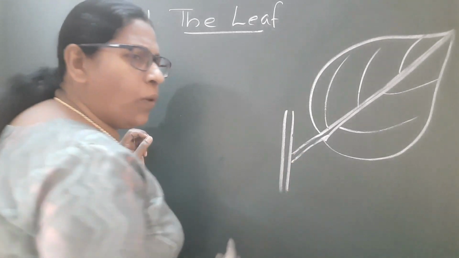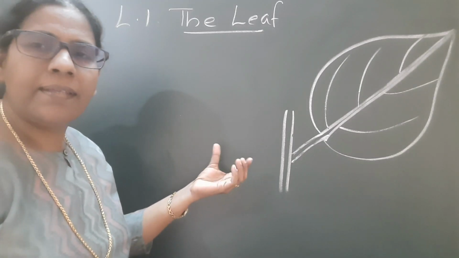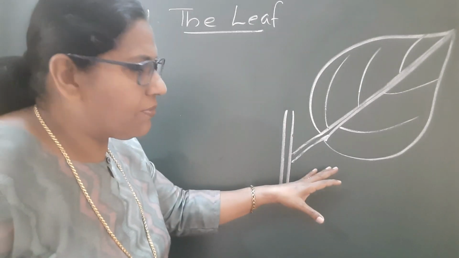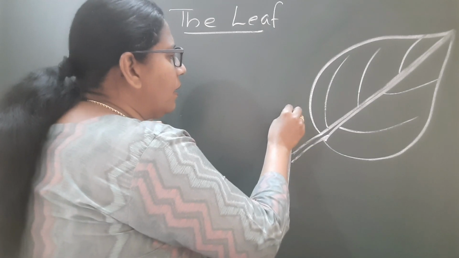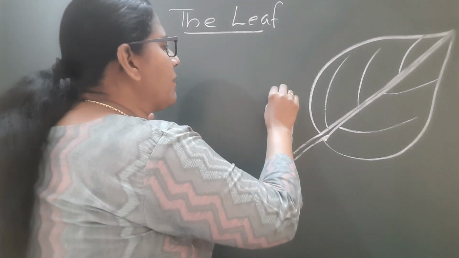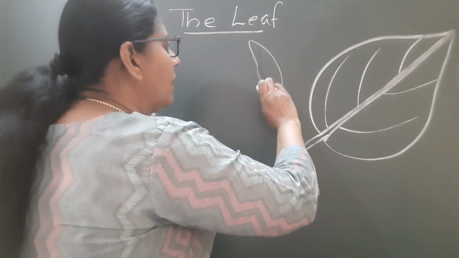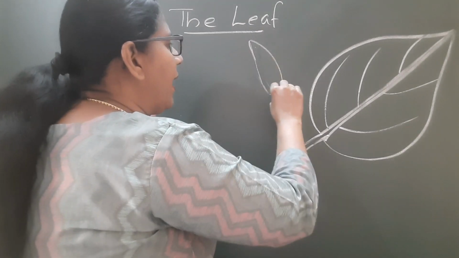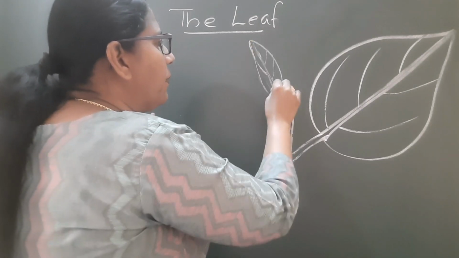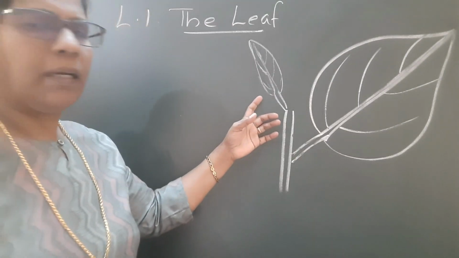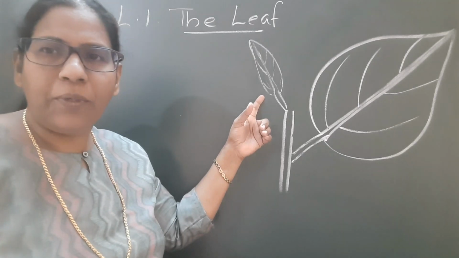The lower leaves will be darker in color, dark green, and the upper leaves will be lighter green and small, or young, you can say.